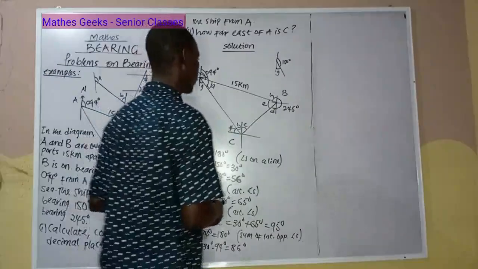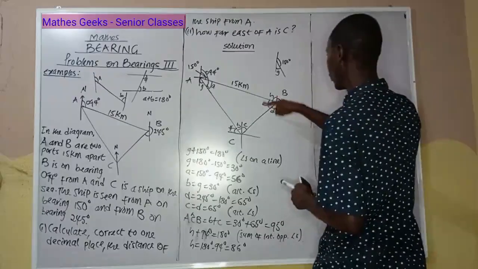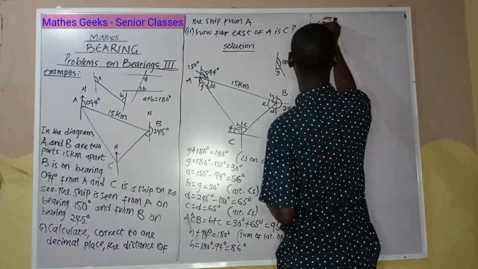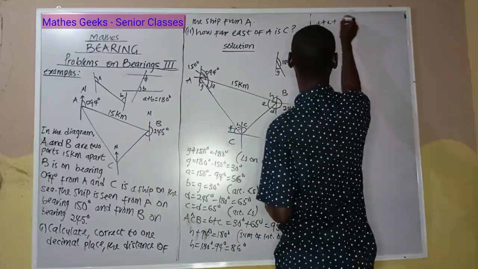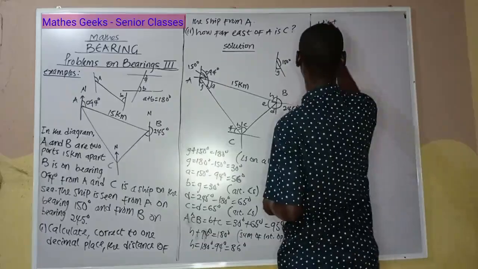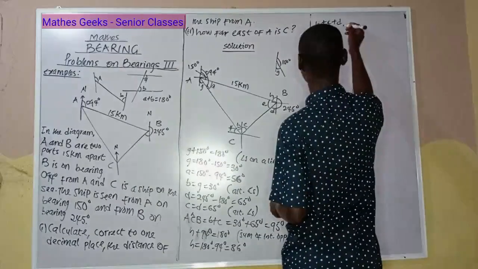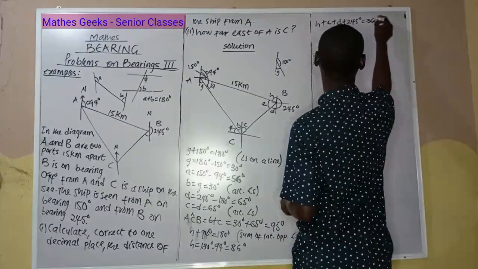So now for us to get E, we can say that everything here is angle at a point. So we say E plus H plus D plus 245 degrees is equal to 360 degrees.